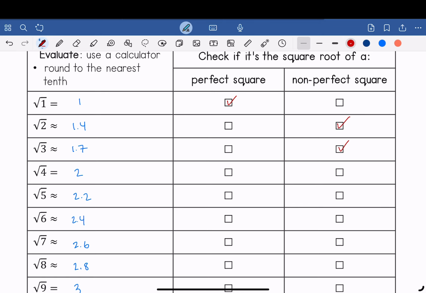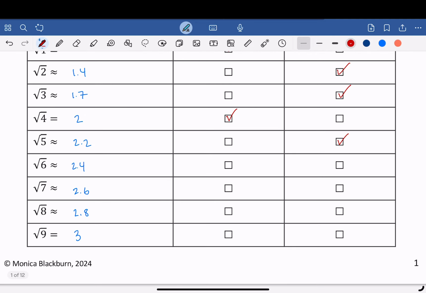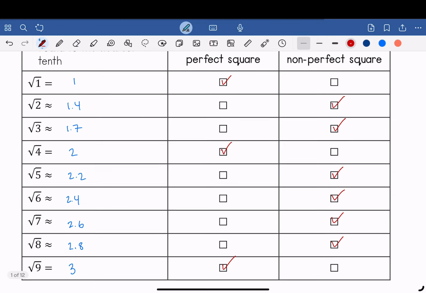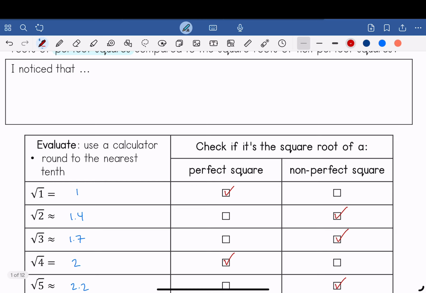Square root of 3 is not. 2 it is. 2.2 is a non-perfect square. 2.4 non-perfect square. 2.6 non-perfect square. 2.8 also non-perfect square, and 3 it is. So we're going back to the original question. What did you notice? The square roots of perfect squares are all whole numbers, while the square roots of non-perfect squares are decimal numbers.